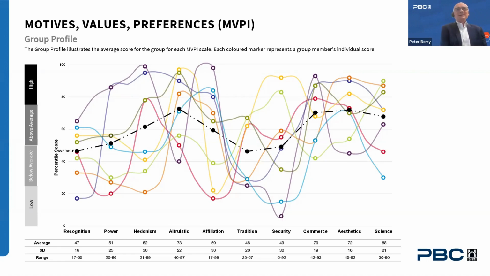But aesthetics means the quality of the work that this team produces is stylistic. It looks good. It's good on the eye. So proposals, tenders, PowerPoints, they care about quality, touch, look, style, design. And I think that's good for the client experience. Notice we also had science sitting alongside at 68. There's a lot of data. They believe in the science of the Hogan products and what we do.